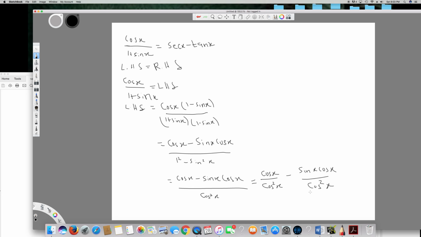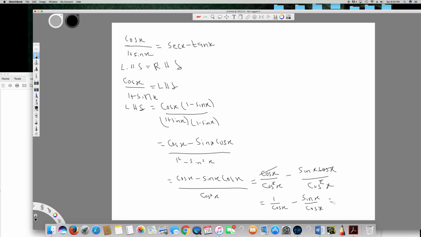So to make it 100% clear, if it's cos square x, we can cancel one cos and drop it from the bottom, which is going to give us 1 over cos x minus sin x over cos x.